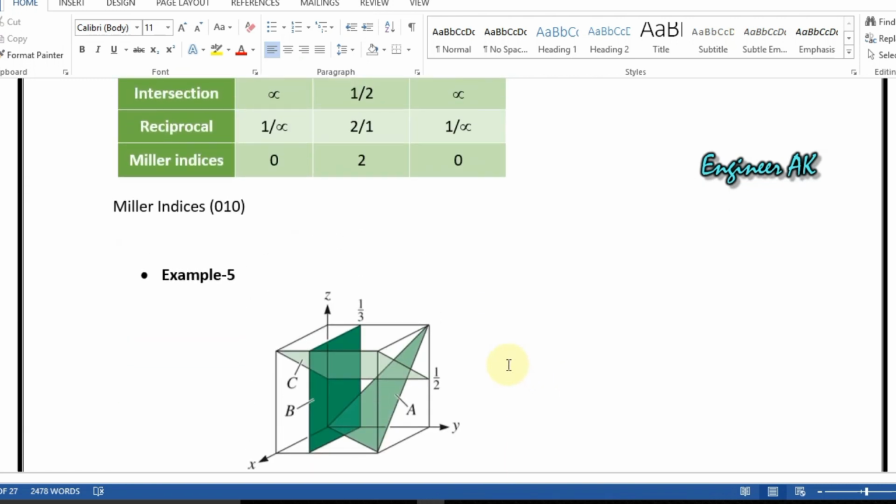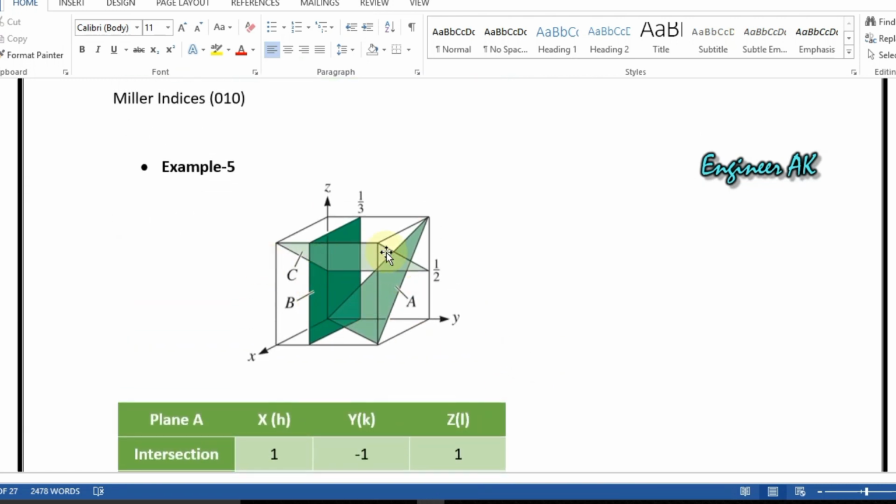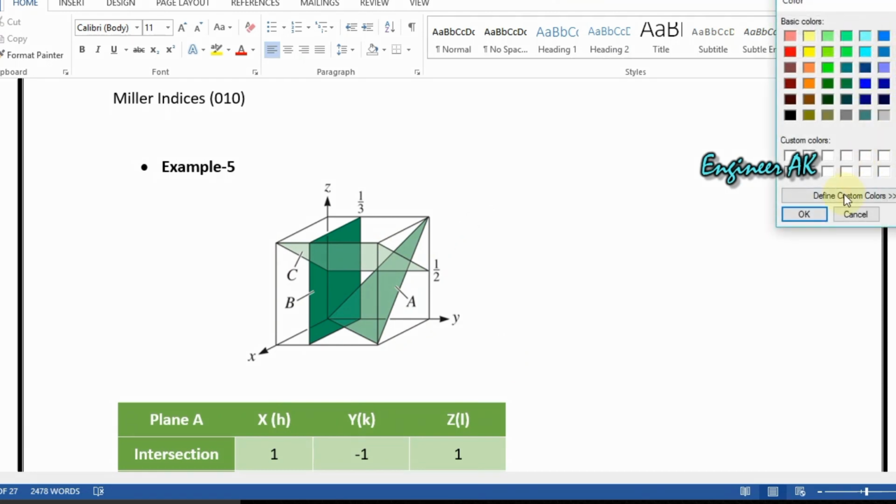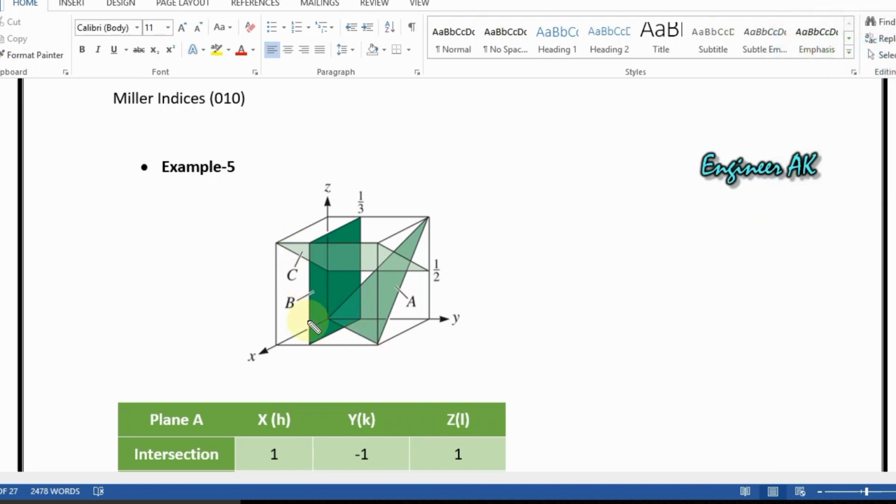Now if I am talking about plane C, let me select this one, right? Now it's cutting the x-axis here, so I bring this plane down, because as we said before, all planes parallel to this plane will have the same Miller indices, right?